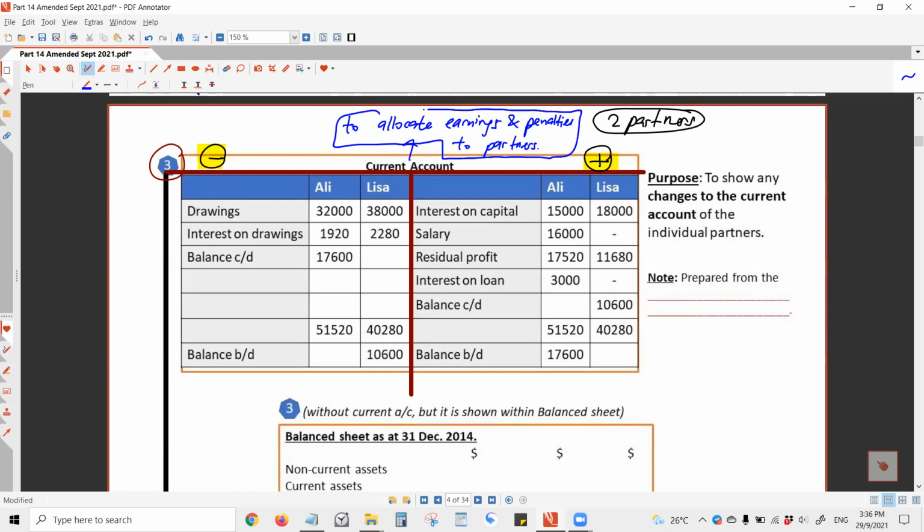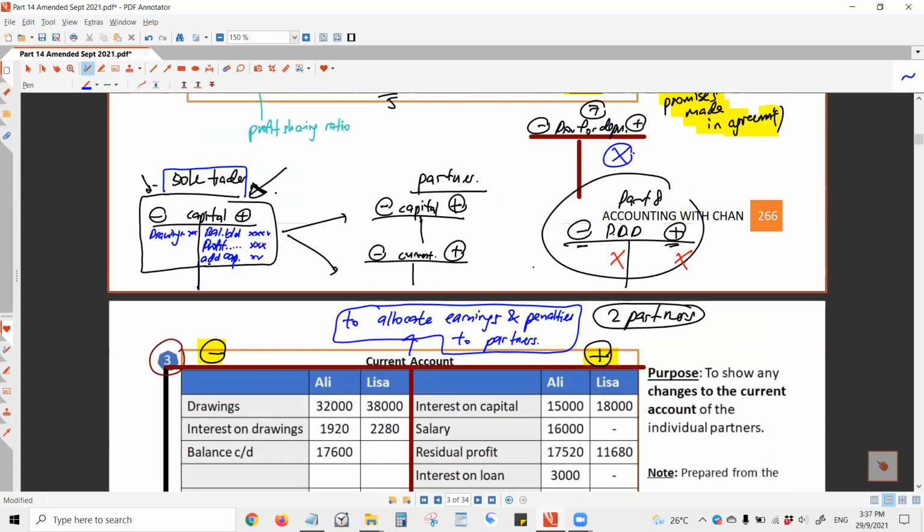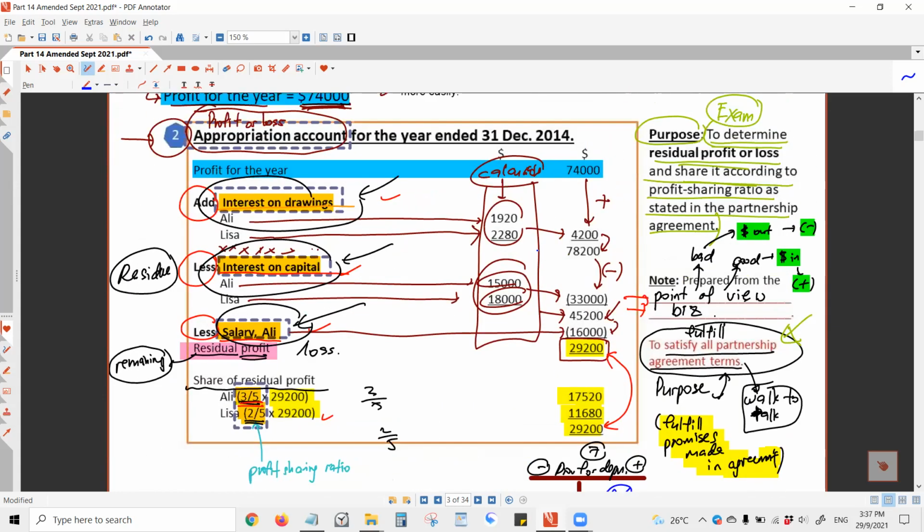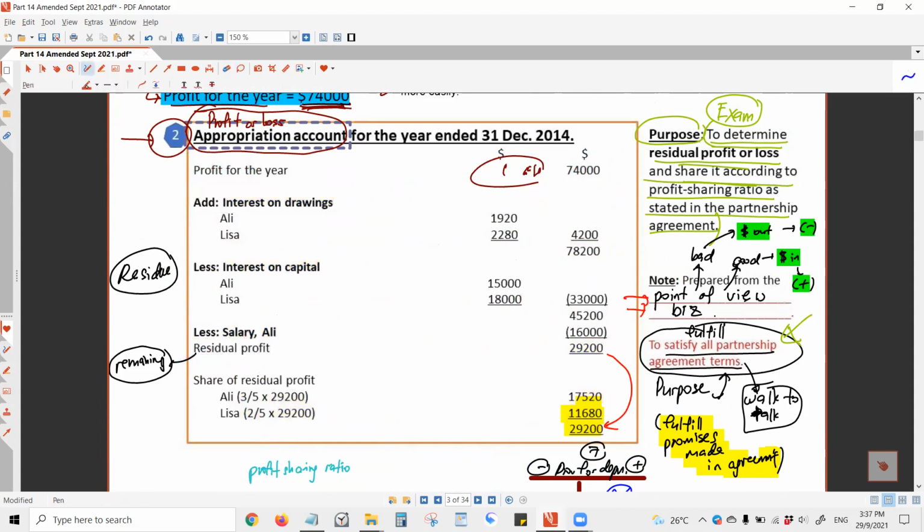What does it say? I explain. Why are we talking about allocation here? Look at the appropriation account you prepared earlier. I know it's very ugly because I have many circles and arrows here. Let me erase. Now, do you agree?